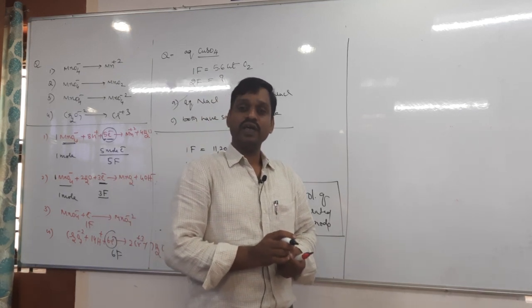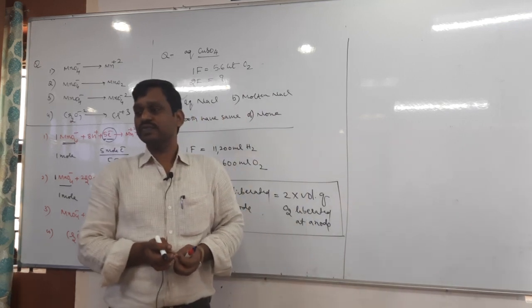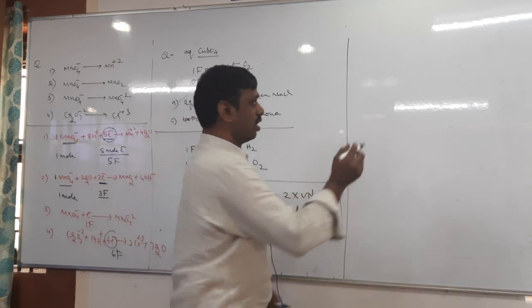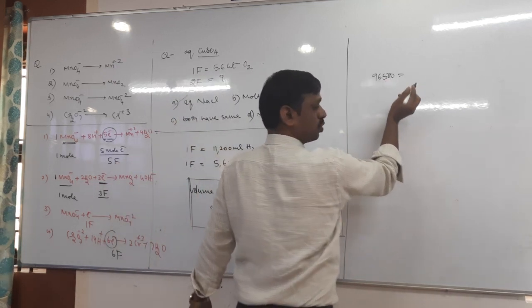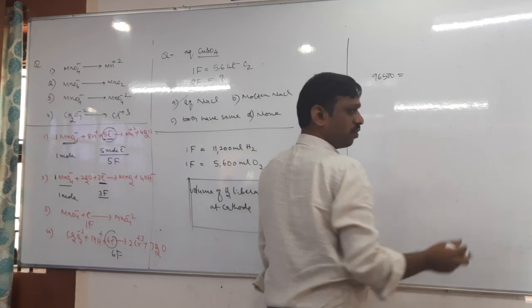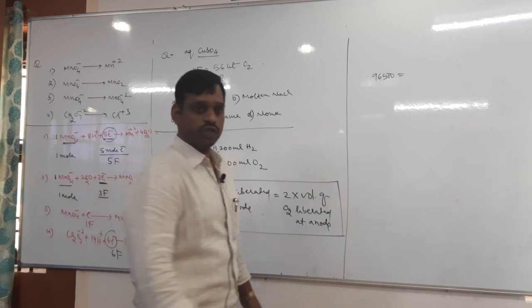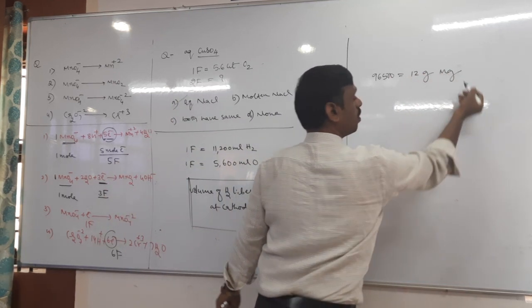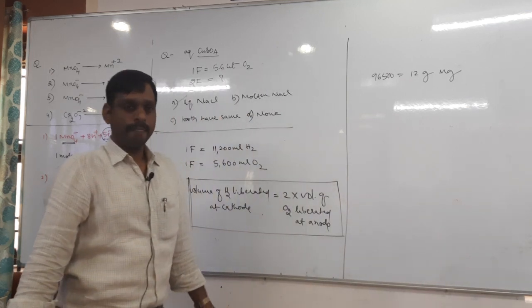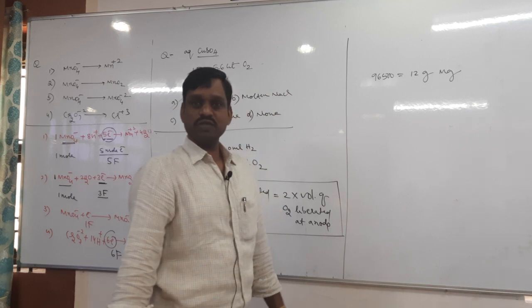Look at the question: it asks in coulombs. 96,500 coulomb is equal to 1 Faraday. What is the equivalent mass of magnesium? 12 grams. So 96,500 coulomb is equal to 12 grams.